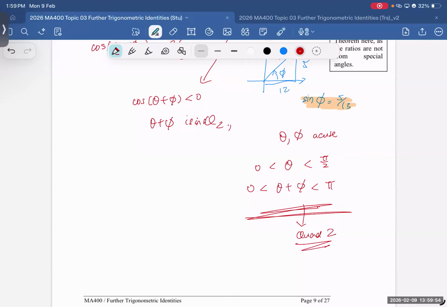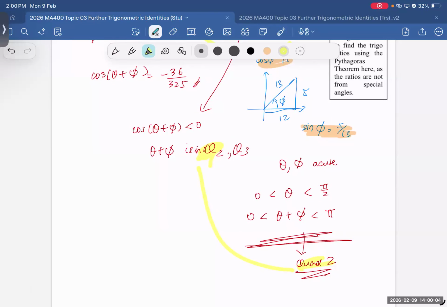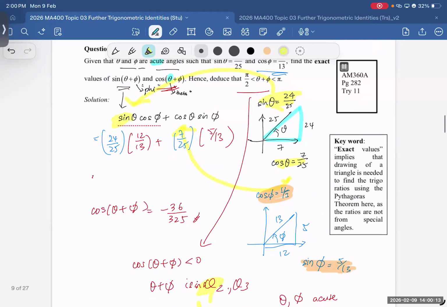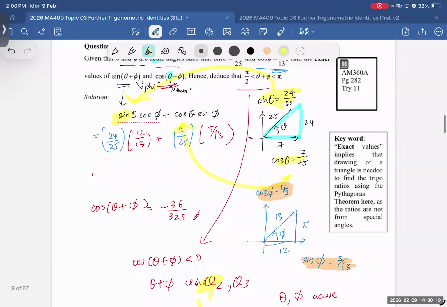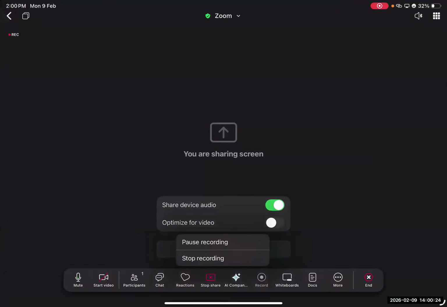Plus, this one is negative. Quadrant 3 or quadrant 2, you can see that the intersection of both has to be quadrant 2. Are the two triangles for phi and theta conjoined? No, you draw them on separate diagrams. I will stop at 2.2. We will continue tomorrow.